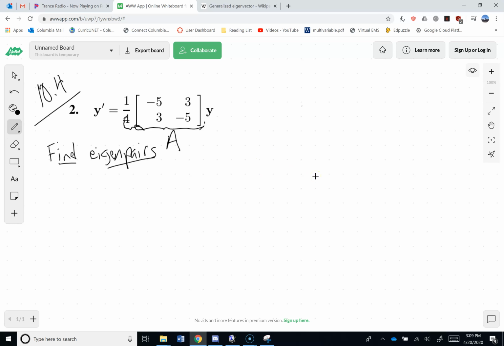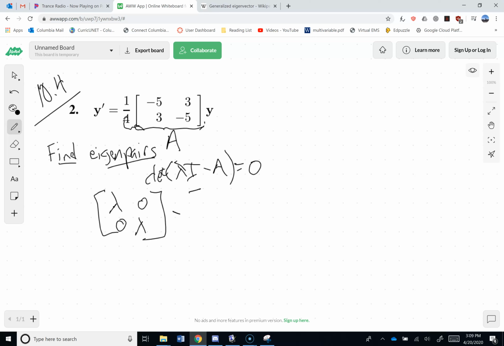Okay, so I need to consider taking, and you guys usually do this, lambda I minus A, right? And I need to take the determinant of that and set it equal to 0. So this is 2 by 2, so I'm going to have lambda and 0 and 0 and lambda, minus the matrix minus 5/4, 3/4, 3/4 and minus 5/4.